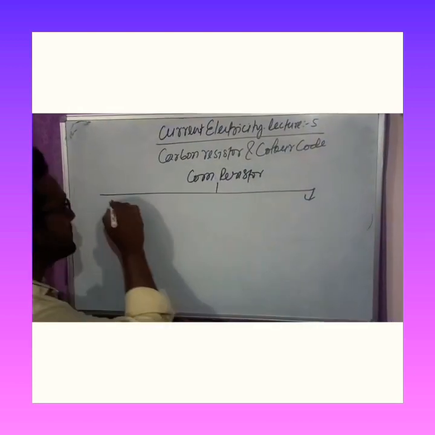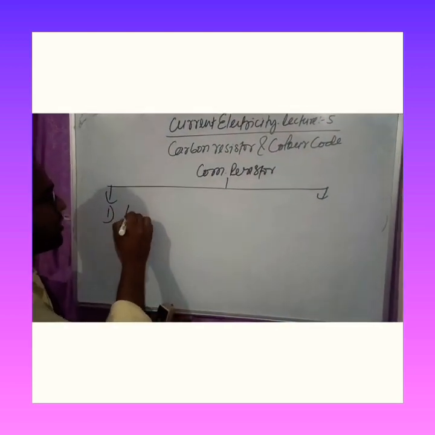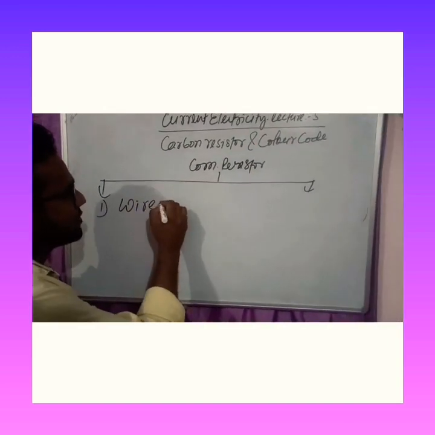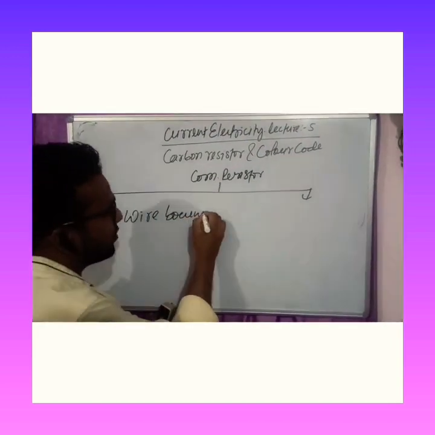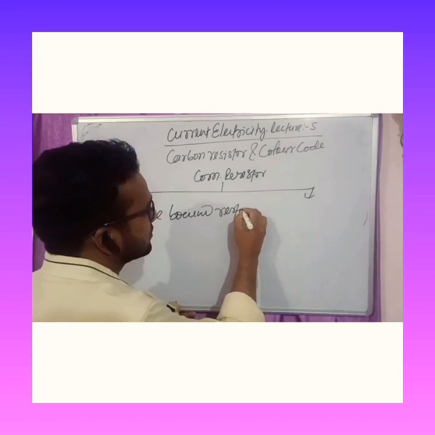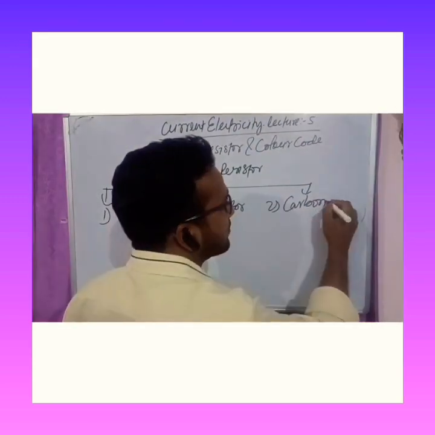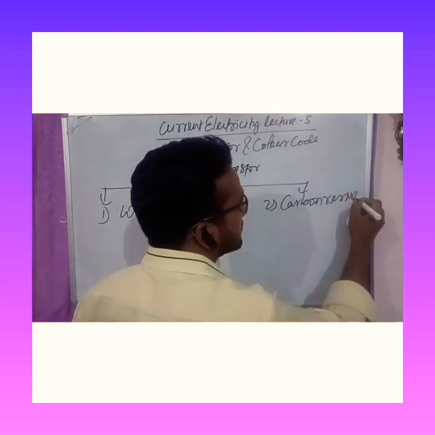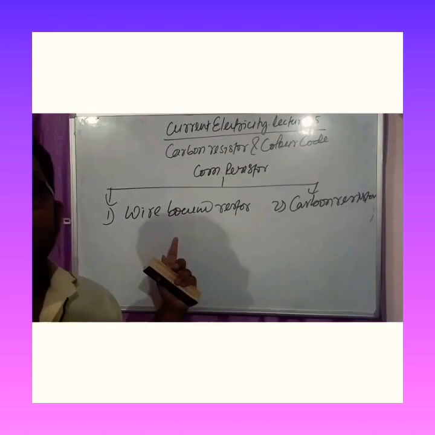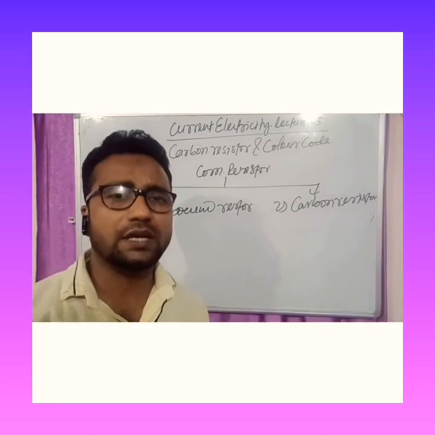There are two types. One is the wire wound resistor, and the second one is the carbon resistor. The wire wound resistor is very simple.